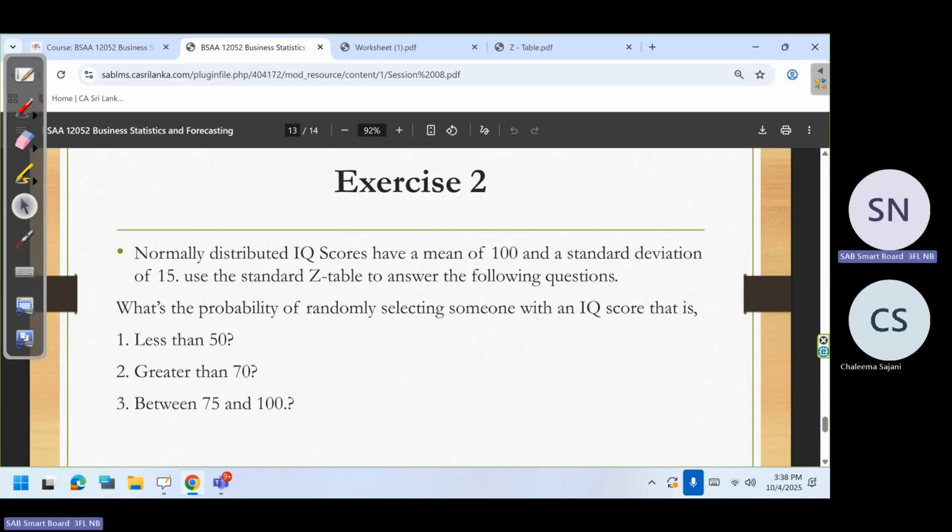I have read the scenario for this question. Only read it, and you download the set table from the LMS. I uploaded the set table to the LMS.